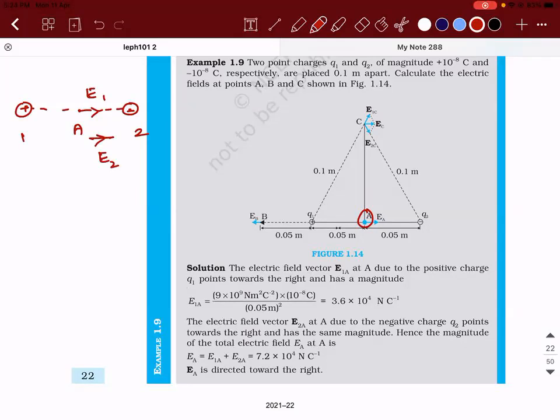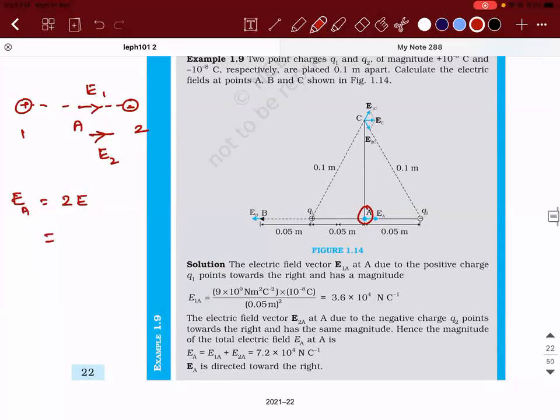Correct? Now, these two electric fields are the same in magnitude, and they are the same in direction as well. So what is going to be the net field at point A? It is going to be 2 times E, right? So 2 into, what is the value of E, guys?